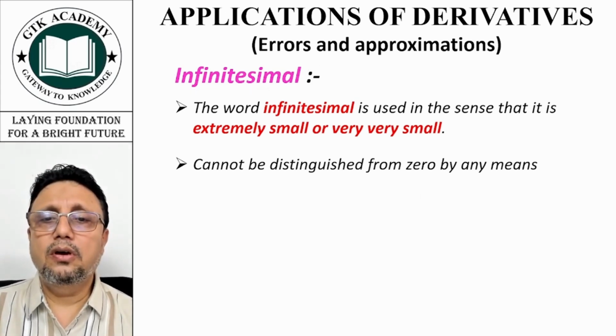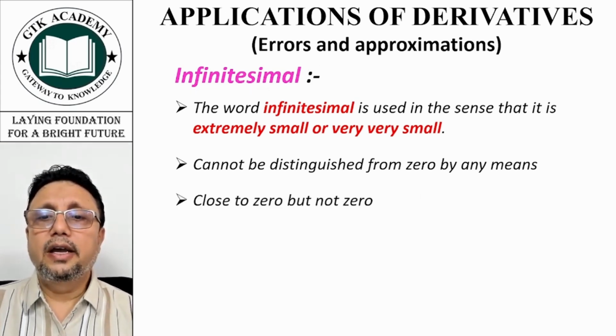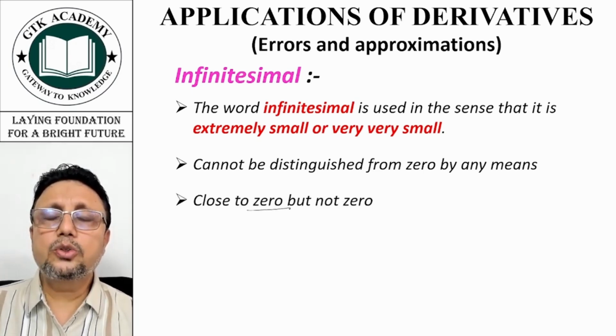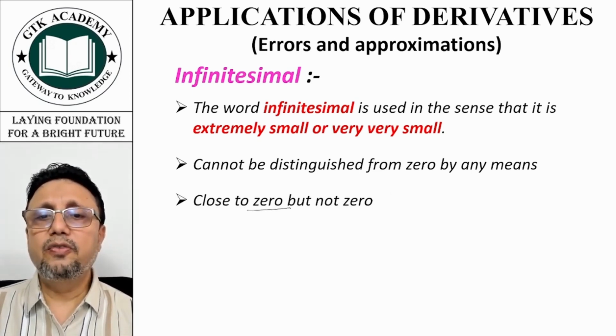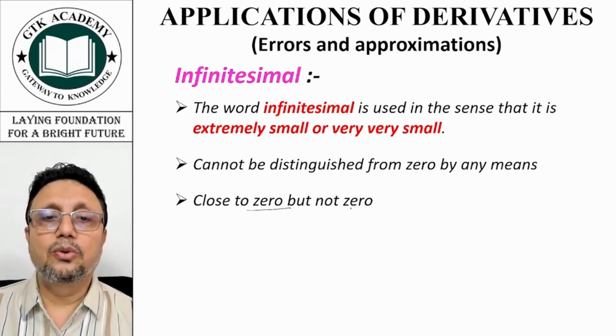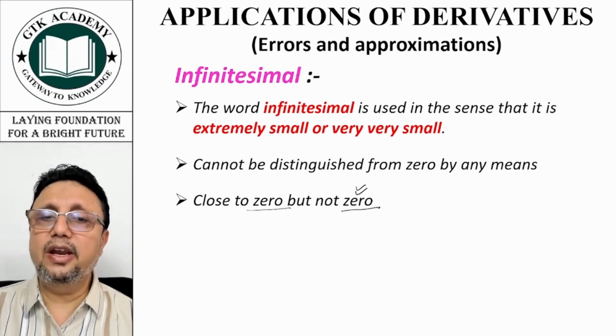So infinitesimal is close to zero, very close. You cannot distinguish between zero and infinitesimal, but it is not zero. This is very important. It is not zero, but it is very close to zero.